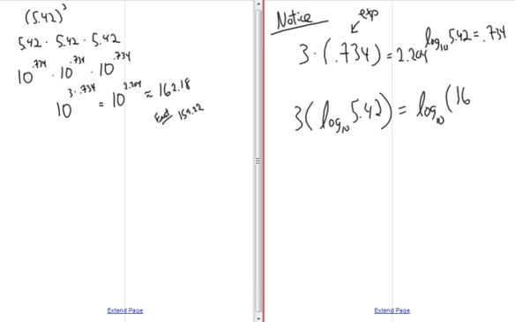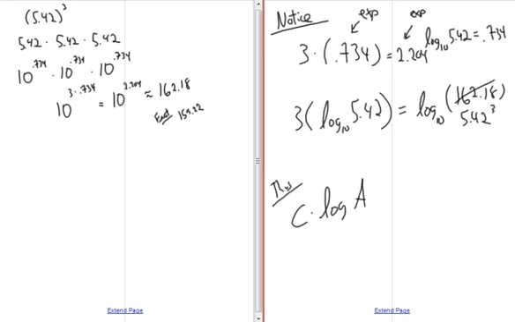Then I could say that exponent is equal to the log base 10 of 162.18. So 10 to this power is equal to 162. But that 162 was the result of 5.42 cubed. All right.